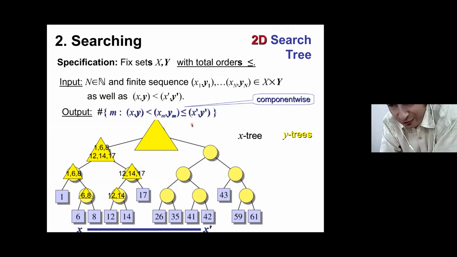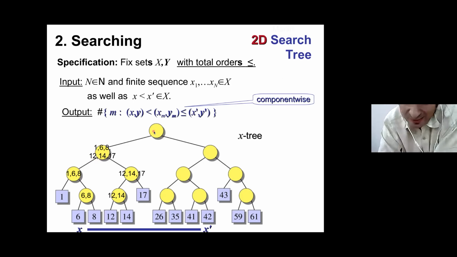Okay, and for this sort of problem, you can modify the 1D search tree algorithm to a 2D search tree algorithm, where you do the following. So in the 1D algorithm, you had nodes in which you just store the elements which are below.